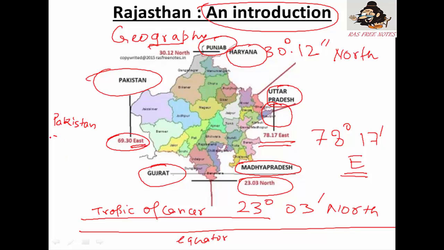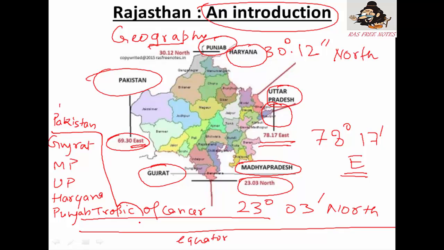Then Gujarat, then MP, then UP, then Haryana, then Punjab. So how many states? It's five states and one country.